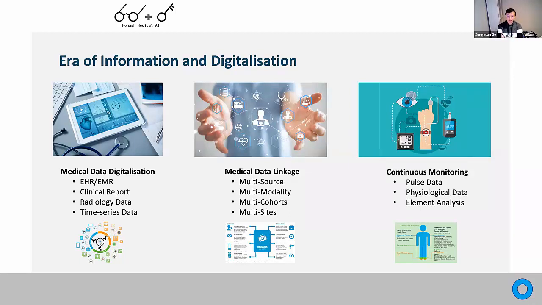And the radiology data used to be interpreted using physical slides. Now everything goes into the computer.